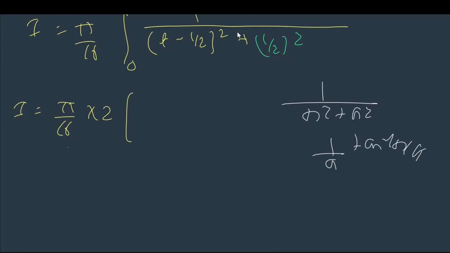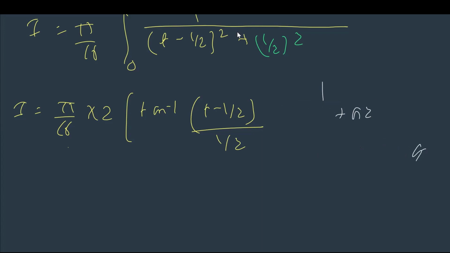And tan inverse x by a. Well, x is this, t minus half, the whole thing is x, by a, where a is this, right? So the integration part is done, and now placing the limit 0 to 1.